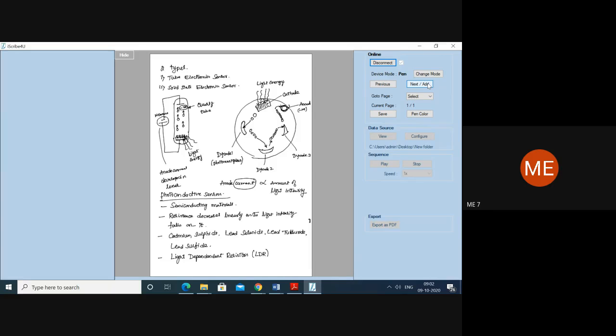It's also called a photoresistor, or it's also called a photoconductor. So please remember this. It's also called LDR. LDR is light dependent resistor, or photoresistor, or it's also called photoconductor.